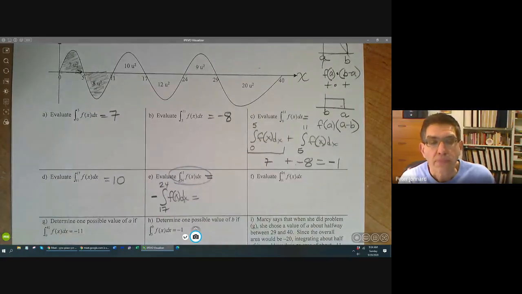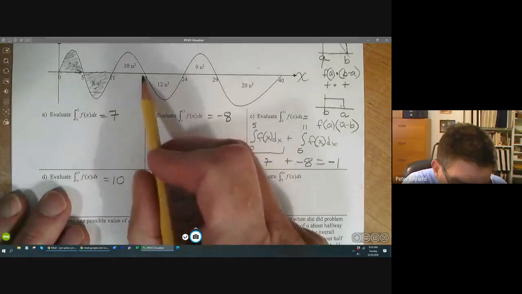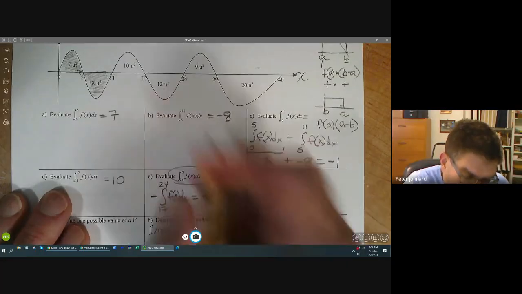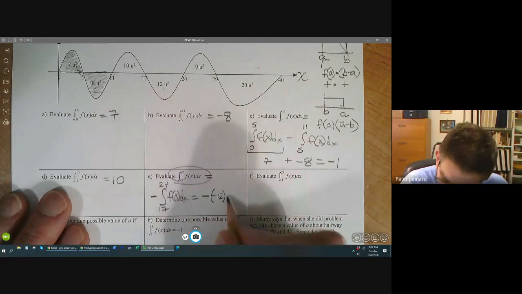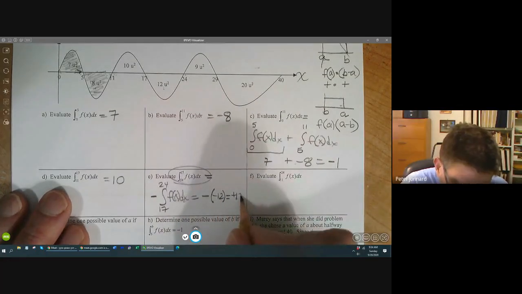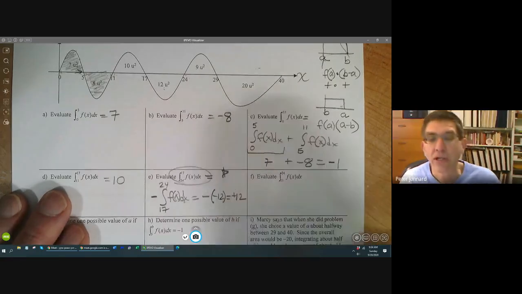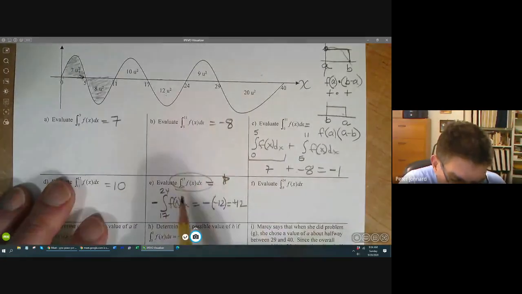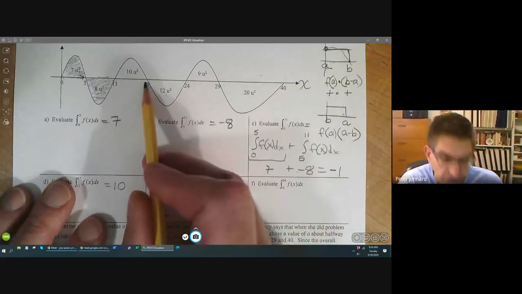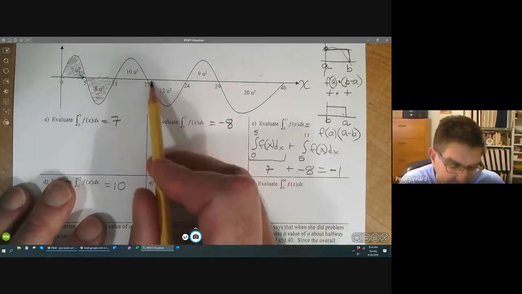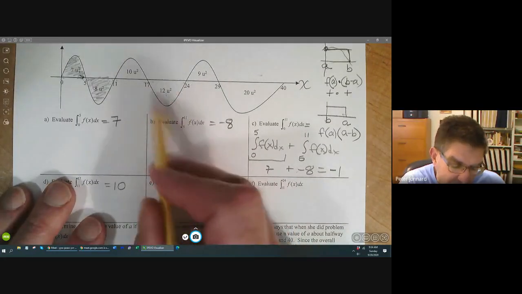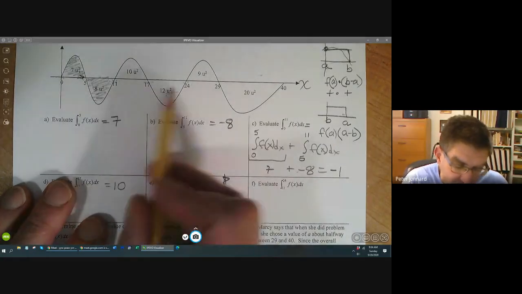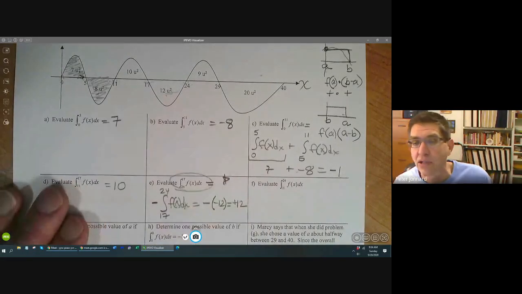So the integral from 17 to 24 would be negative, and so this would be the opposite of a negative 12, which is just positive 12, okay? And so that's kind of a funny one, feels a little weird. You know, you're integrating from 24 to 17, and since it's below the x-axis, you switch the sign to its opposite. So then you consider it a positive area, okay? And that's a little weird.